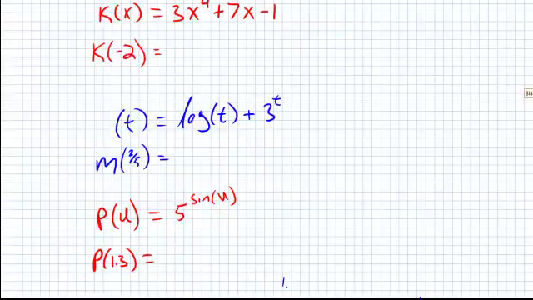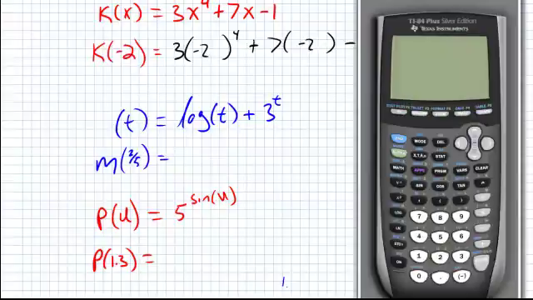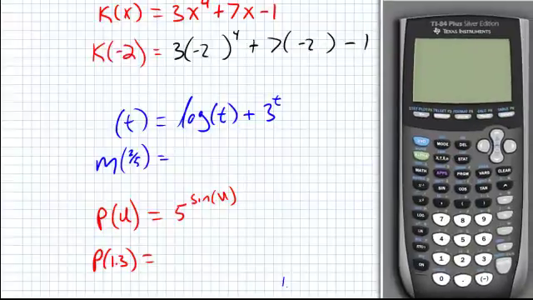Alright, so I'm going to work out this problem. So I can say 3 big parentheses to the 4th plus 7 big parentheses minus 1. What goes in the parentheses? Negative 2 and negative 2. I like to use my calculator to do this. So I'm going to store negative 2 in x.